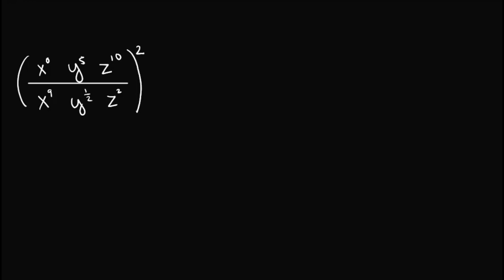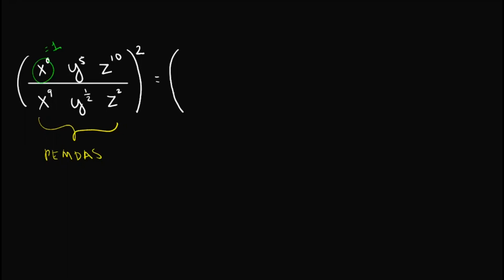Well, first by PEMDAS, we know that we start with the parentheses. So let's put that out here. PEMDAS. So starting with the parentheses, we first note that, recall that x raised to 0, this one is simply 1 since it's a 0 exponent. So this would simply be 1, or I don't really need to put it.